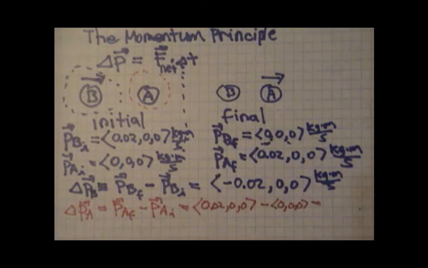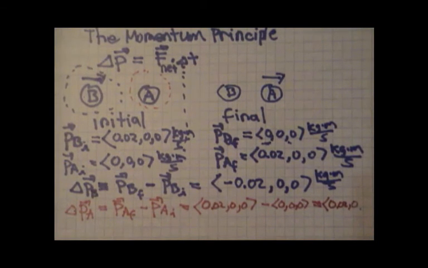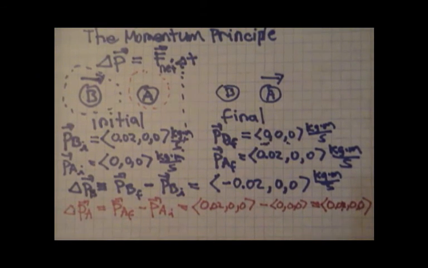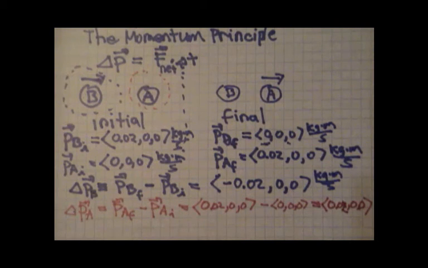And that's equal to, when you subtract, you get a final momentum of plus 0.02, 0, 0. And in the interest of space, I've left off the units, but the units are, of course, kilograms meters per second throughout. And I know it's hard to read because I didn't write neatly, but it's plus 0.02 is the x component of the change in momentum of ball A.